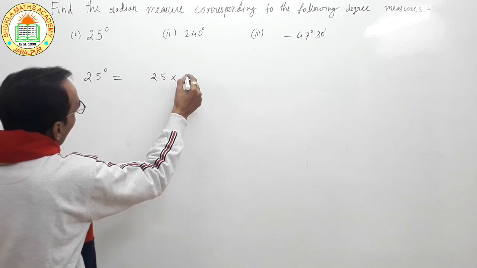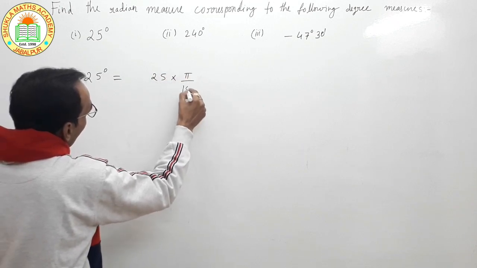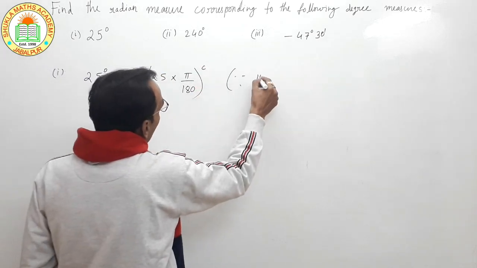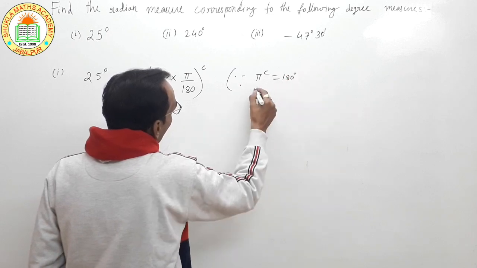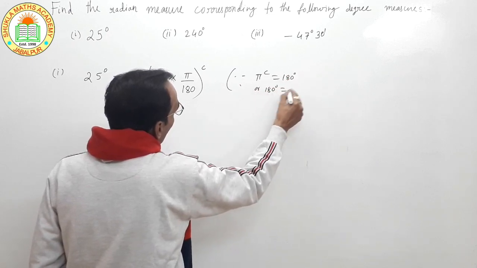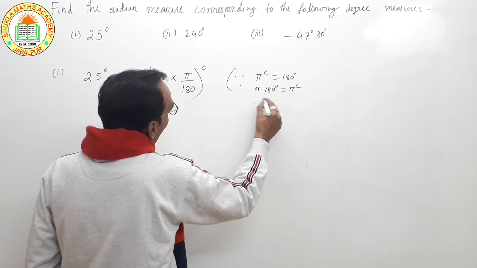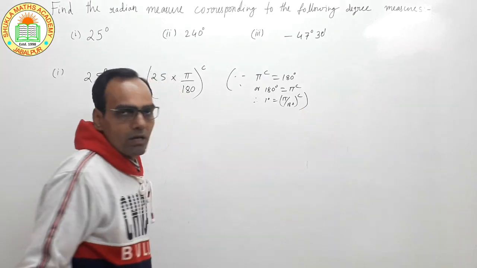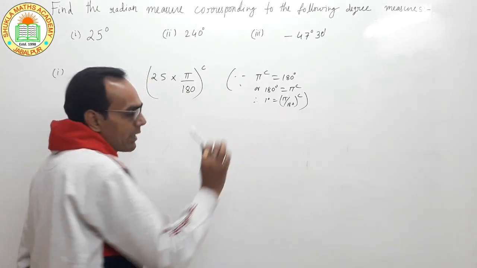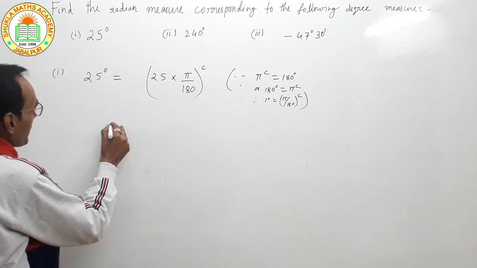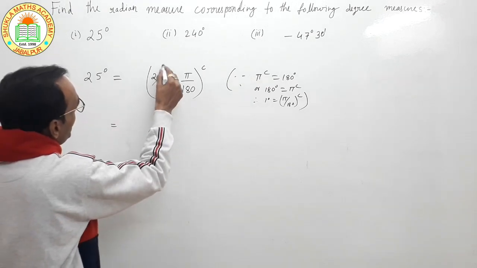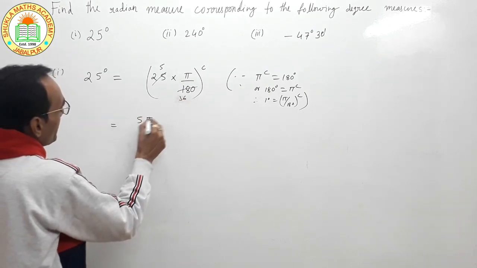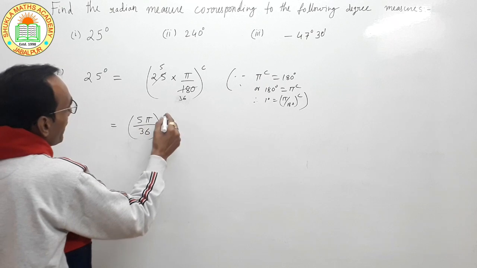We will convert it into radian by multiplying by pi by 180, because pi radian equals 180 degree, or we can write 180 degree equals pi radian. So 1 degree equals pi by 180 radian. So when we have to convert degree to radian, we multiply the angle by pi by 180. By crossing: 5 fives are 25, 5 threes are 15 and 5 sixes are 30. So this is 5 pi by 36 in radian.